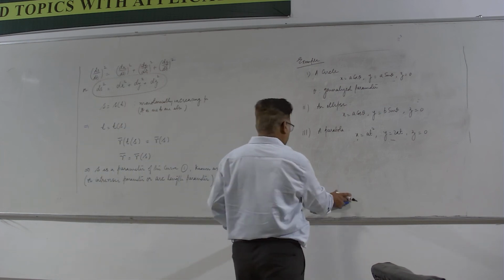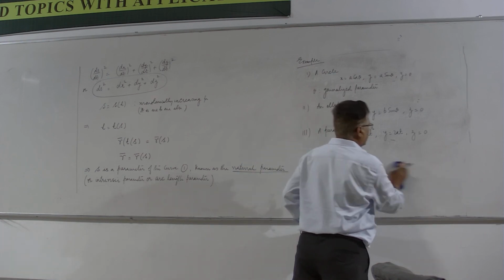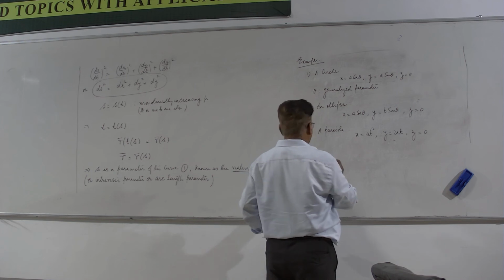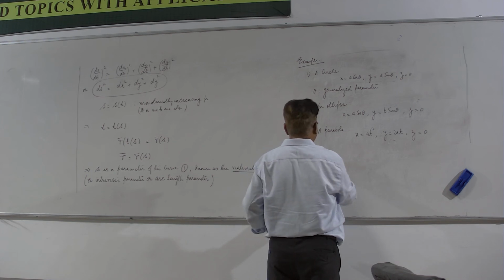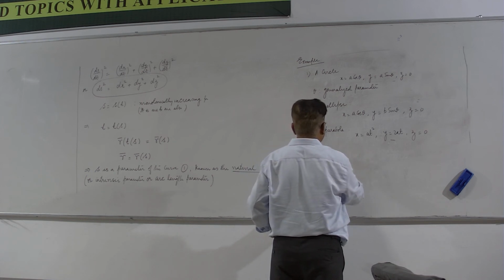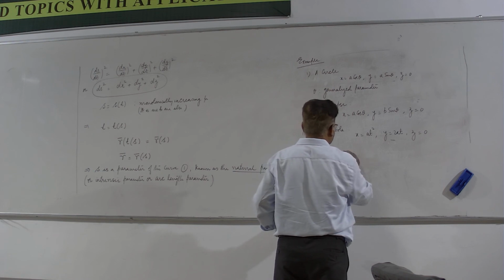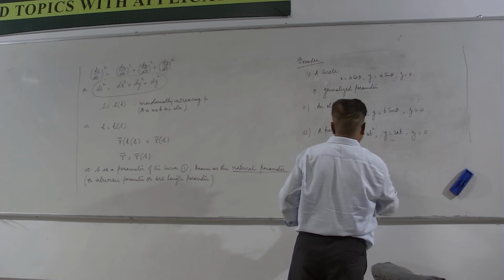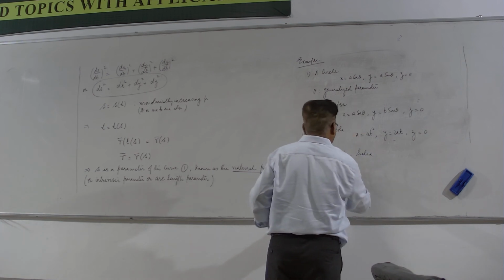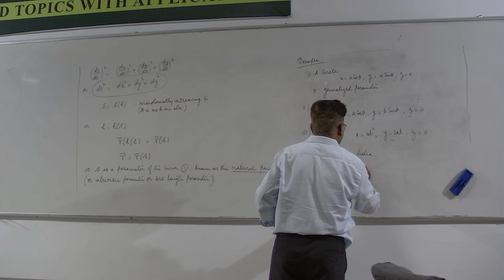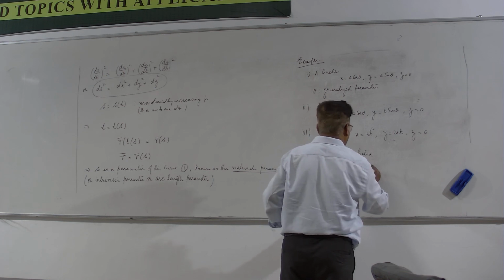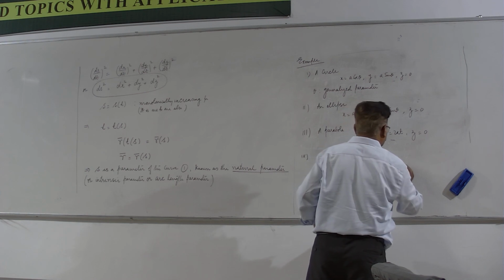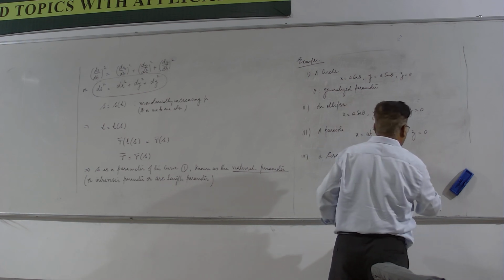Now, coming to a space curve, number 4, you can think of a helix, a circular helix. This is not a plane curve, this is a space curve whose parametric equation is given by x equal to a cos theta, y equal to a sin theta, and z equal to a multiple of theta.